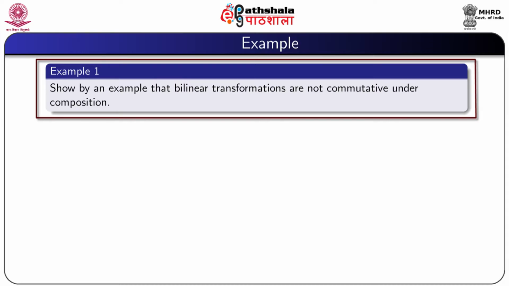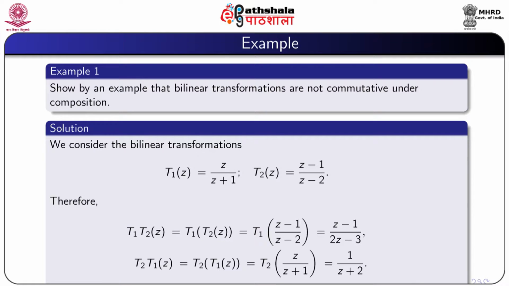Now, we consider an example. Show by an example that the bilinear transformations are not commutative under composition. So, we consider the bilinear transformations T1(z) equal to z by (z plus 1) and T2(z) equal to (z minus 1) by (z minus 2), and we see that T1 T2 of z, which is equal to T1 of T2(z), equal to T1 of (z minus 1) by (z minus 2), and by simplifying we get (z minus 1) by (2z minus 3).